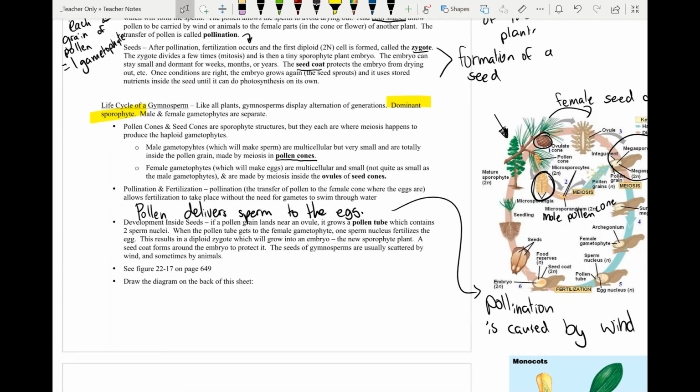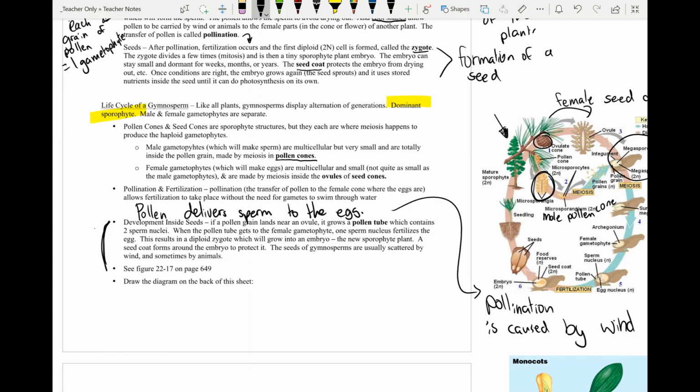Alright, next up, development inside seeds. If a pollen grain lands near an ovule, it grows a pollen tube, which contains 2 sperm nuclei. When the pollen tube gets to the female gametophyte, 1 sperm nucleus fertilizes the egg. So this is our fertilization process. This results in a zygote, which will grow into an embryo, which is our new sporophyte plant.